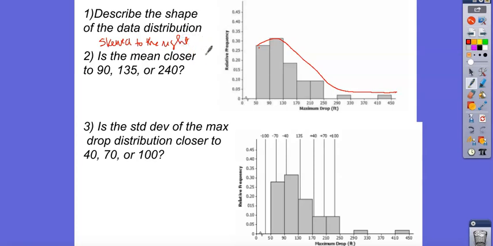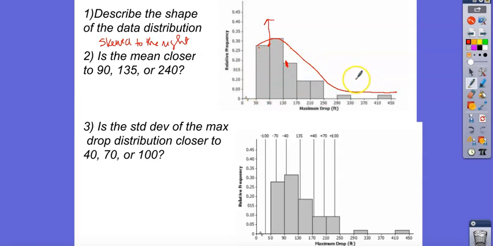Okay, now if I want to talk about an average, let's look. Is the average 90? No, I think that's too far over that way. I want it to be about in the center. Look at 135. Remember the distance between here is 40, so about 135 is right there. Do you have the same number over here?